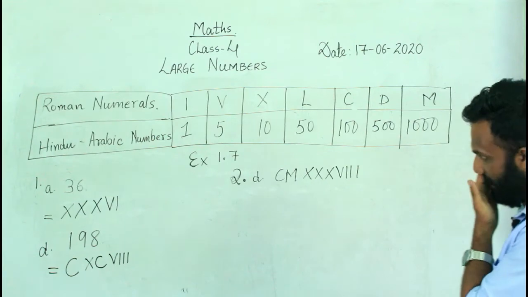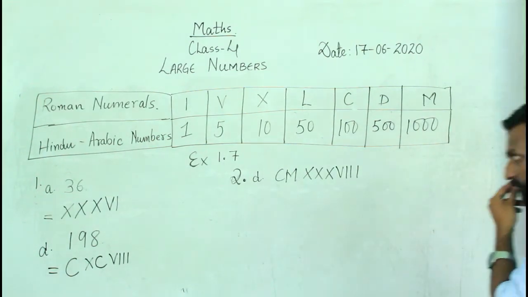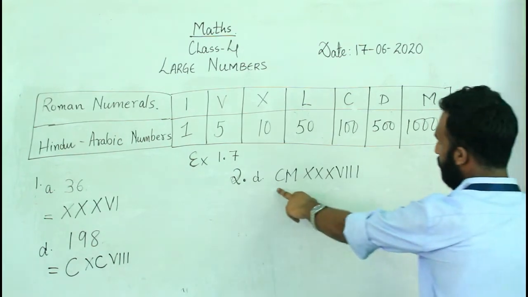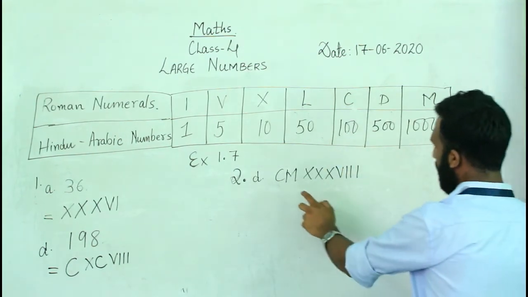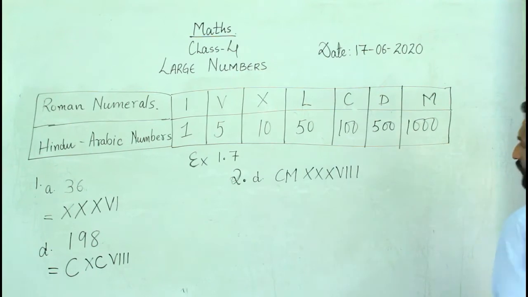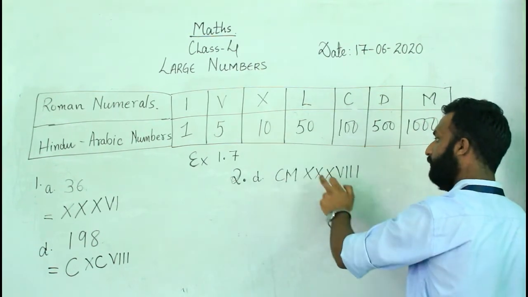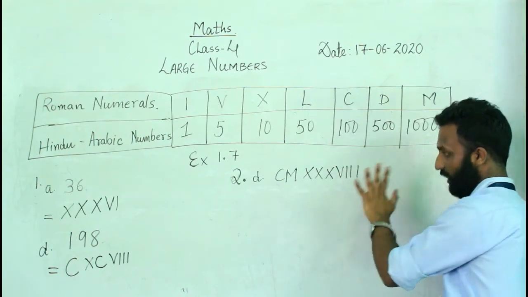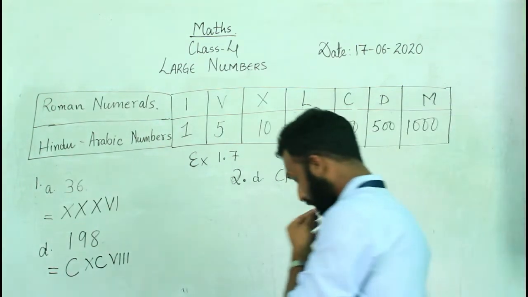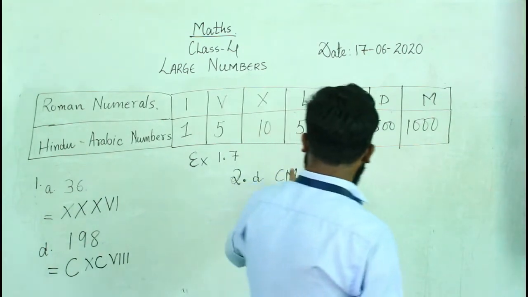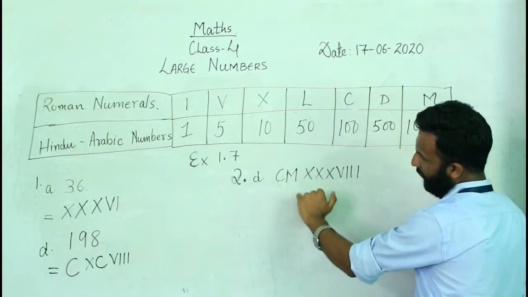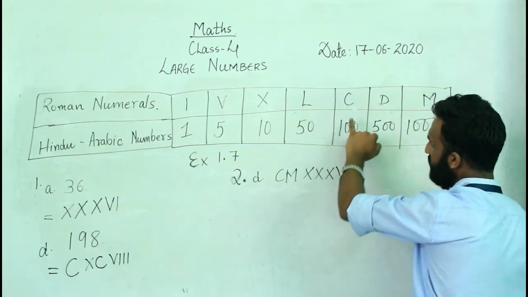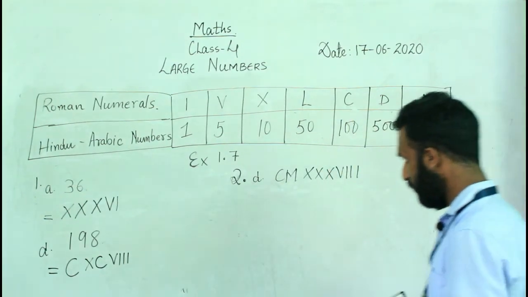Which number is this? C means 100, M means 1000, and X is 10. Here M is the bigger letter and C is the smaller letter.